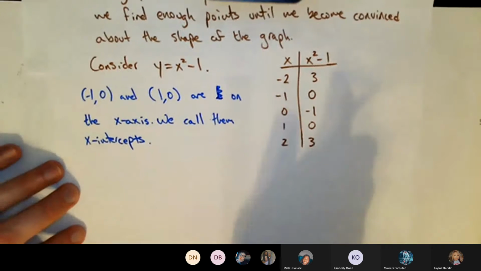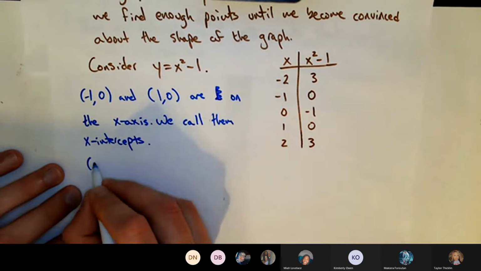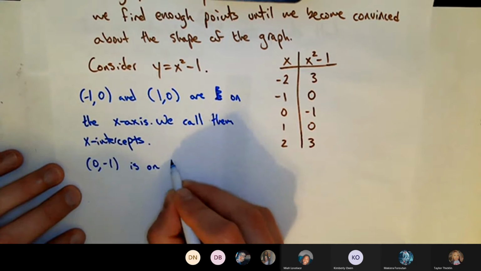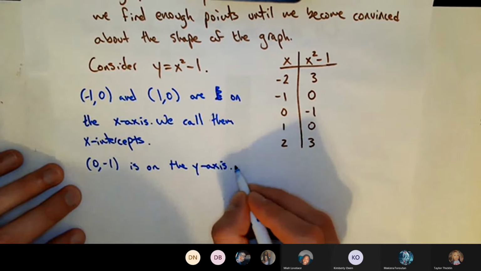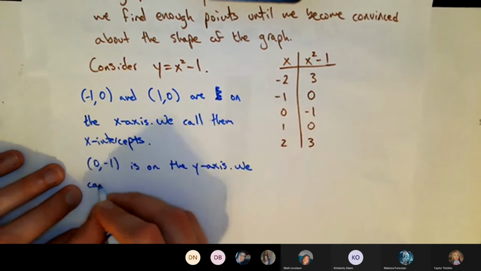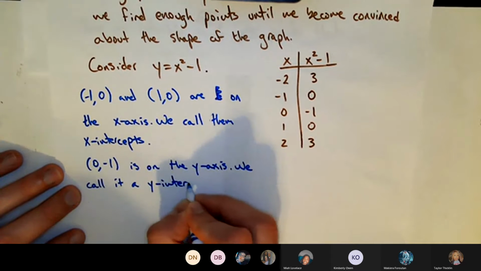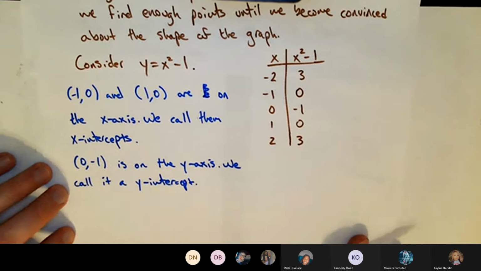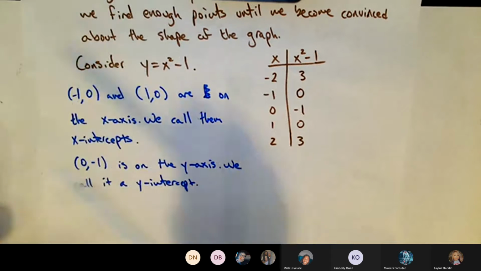And the point where x is 0, (0, -1), is on the y-axis. That's a y-intercept. All right, so that was just a little detour there.